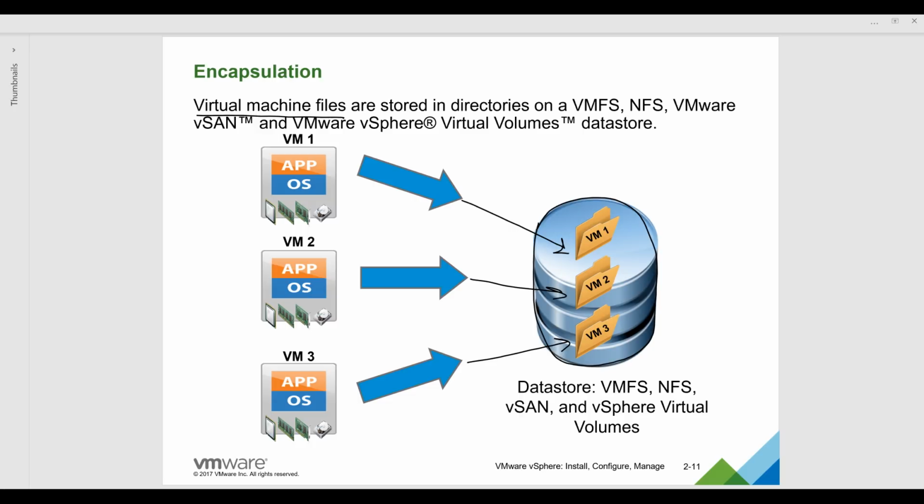Virtual machine file storage, VMFS, provides encapsulation of the entire virtual machine so that it becomes a part of the business continuity or disaster recovery solution. So we have VM3, VM2, and VM1 utilizing all of this storage simultaneously with its own storage files.